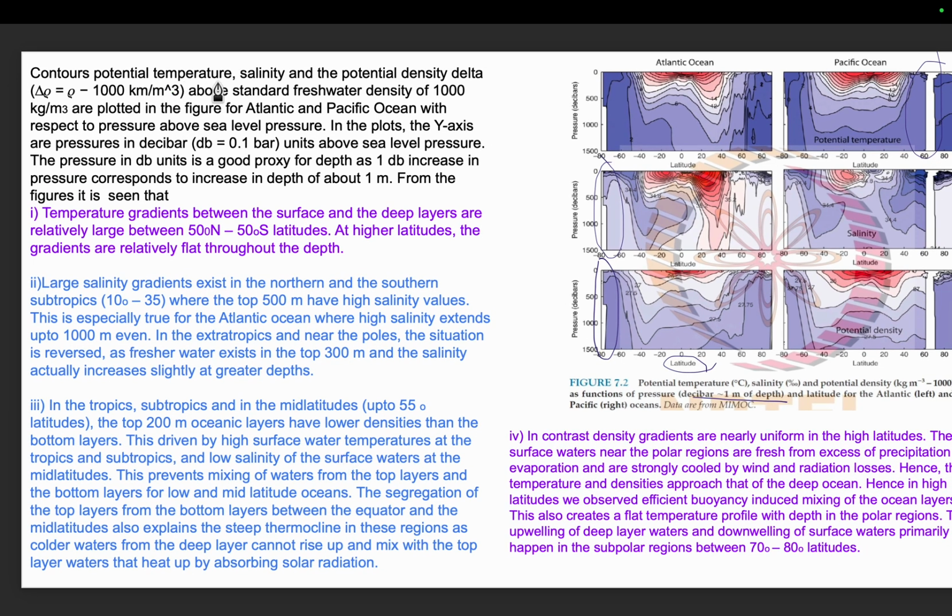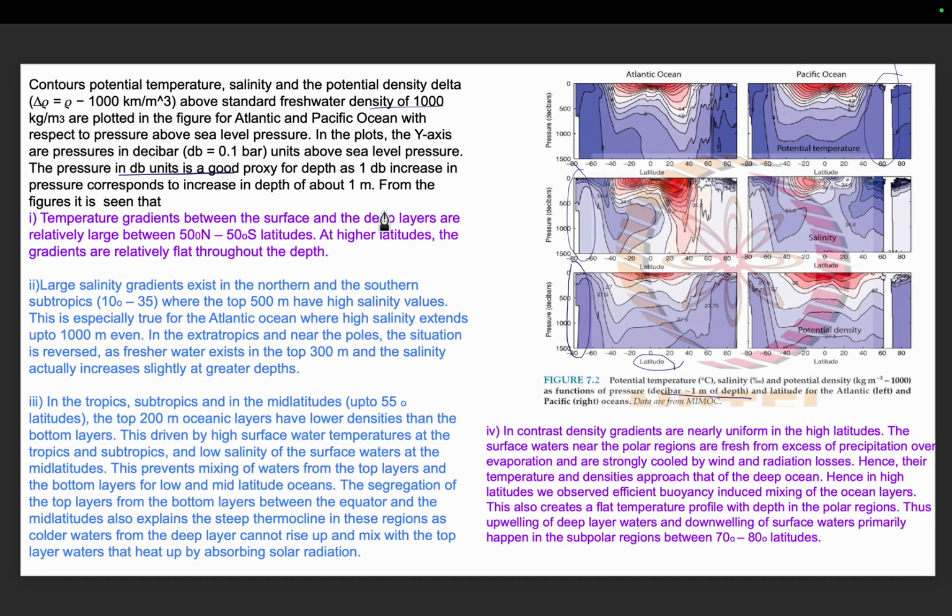Contours of potential temperature, salinity and the potential density above the standard freshwater density of 1000 kg per meter cube are plotted for the Atlantic and Pacific Ocean with respect to the pressure above the sea level. In this plot, the y-axis is in decibar units. The pressure in decibars is a proxy for the depth, as a 1 decibar increase in pressure corresponds to an increase of depth of about 1 meter.